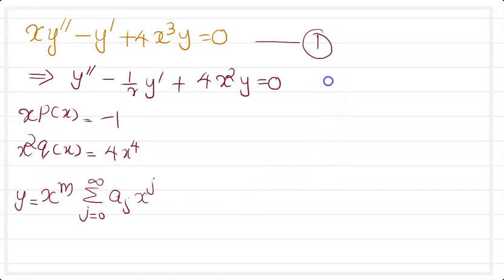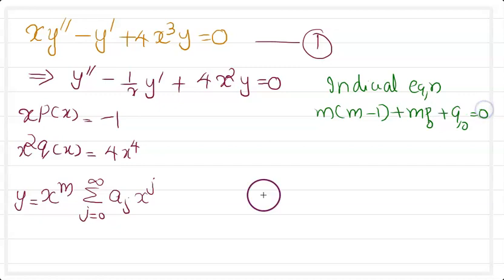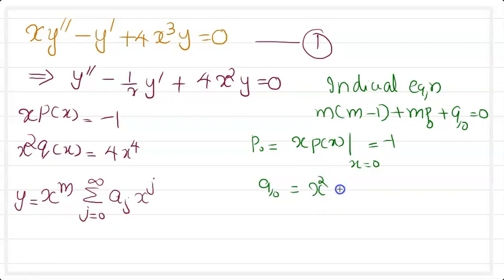We know that the indicial equation is given by m into m minus 1 plus m p naught plus q naught equal to 0, where p naught is the value of x into p of x at the origin, which is equal to minus 1, and q naught is the value of x² into q of x at the origin, which will be equal to 4 into 0⁴, which is 0 itself.